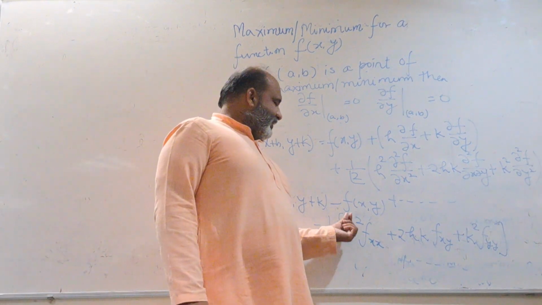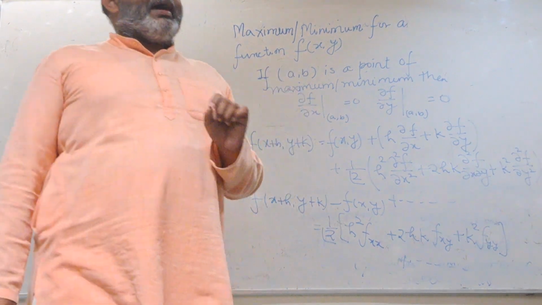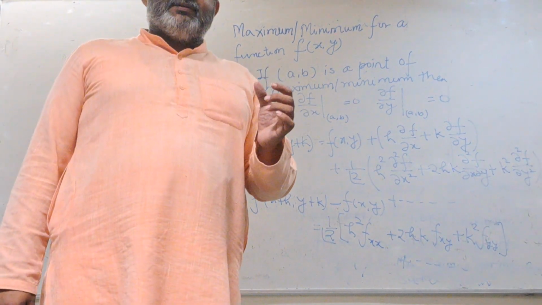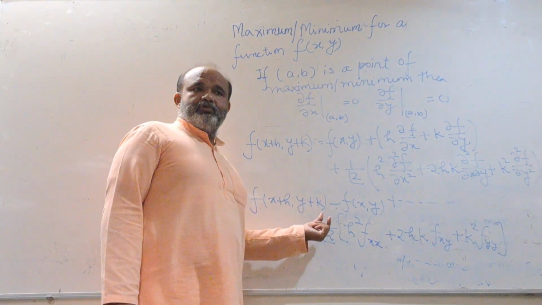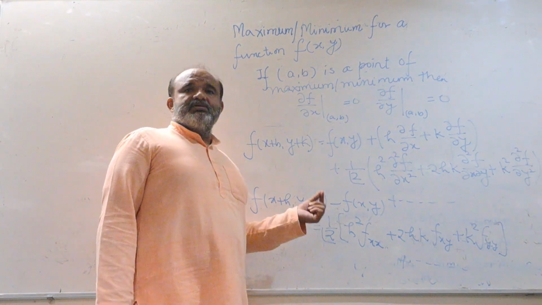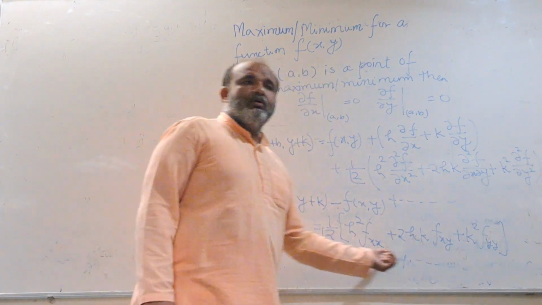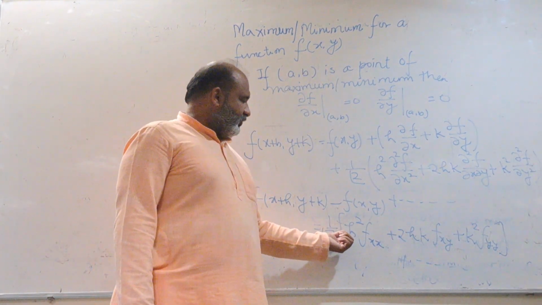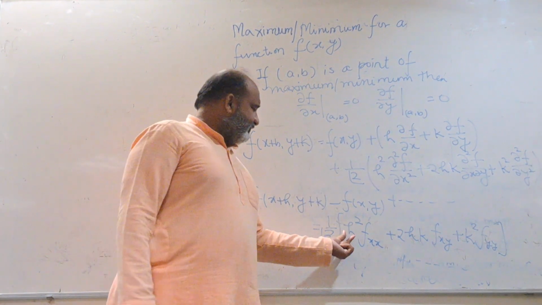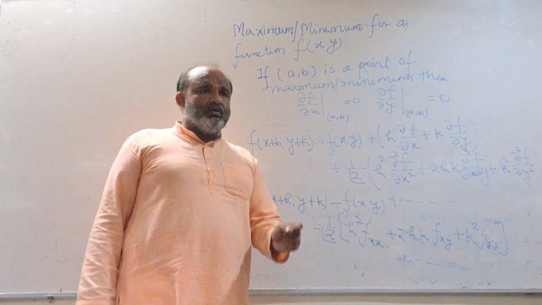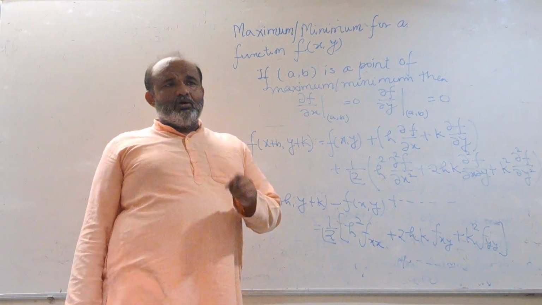Now if I am having small values of h and k, because we are going to investigate the behavior in a neighborhood of the point concerned, I shall go for a small neighborhood. So the values of h and k will be small. That sign will be governed by this term only, because for example, if you take h equal to 0.1, the value of h square will be 0.01 and h power 3 will be 0.001.